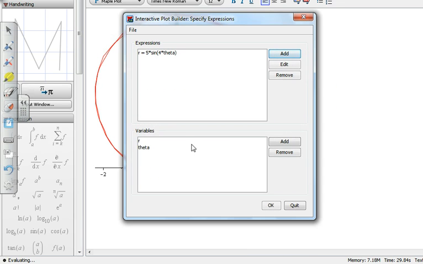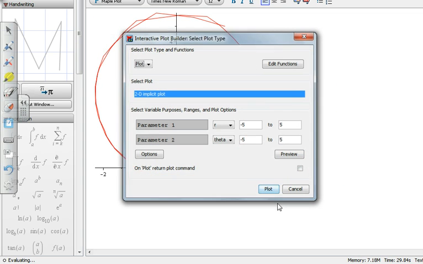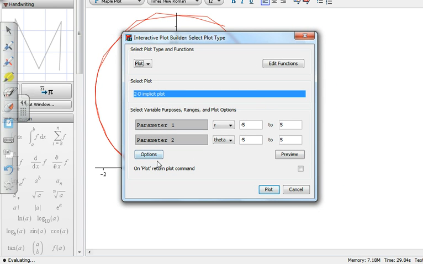Theta, wait a minute. Theta's got to go 0 to 360, unless we have to be in radians.